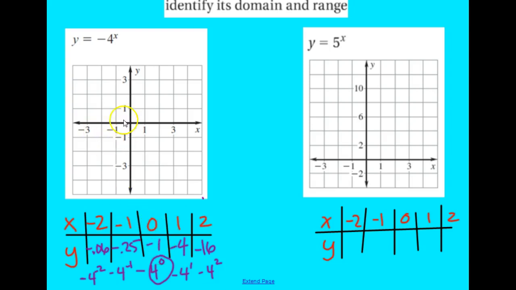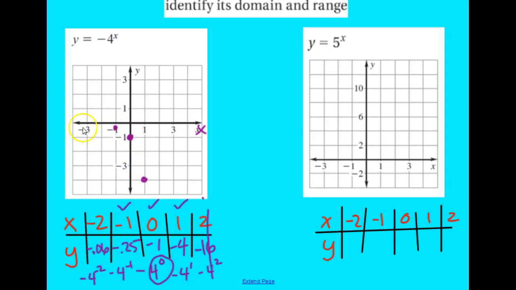At 0, I'm at -1, so x is 0. We didn't go left and right, we just went down 1. And then at 1, we're down 4, so at 1 to the right, we're down 1, 2, 3, 4. So we plotted those two. At 2, we're down 16. I can't plot that. So at -1, I'm at -0.25, so there's -0.5, so -0.25 would be right about there maybe.